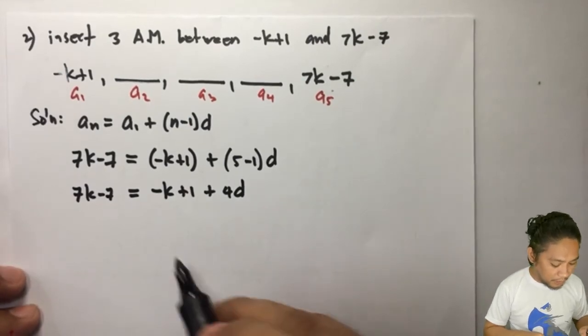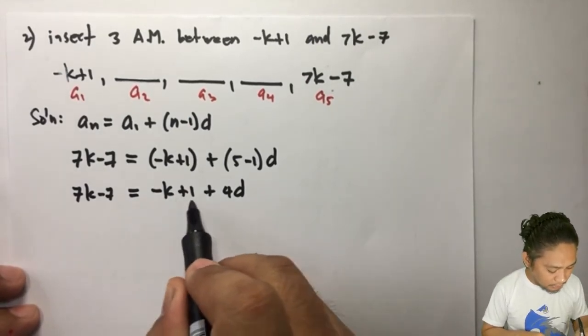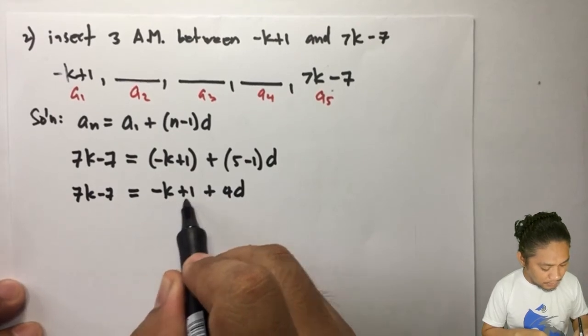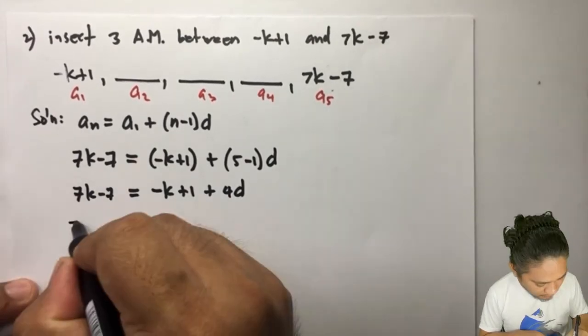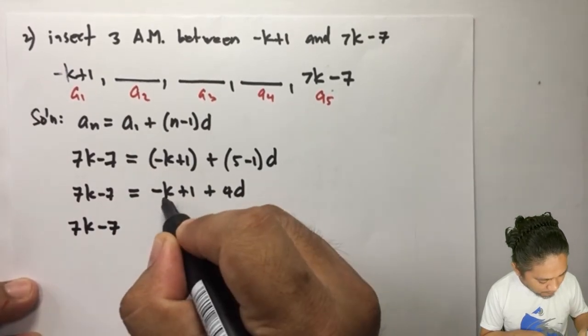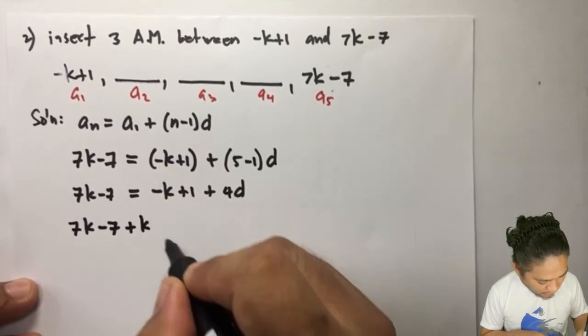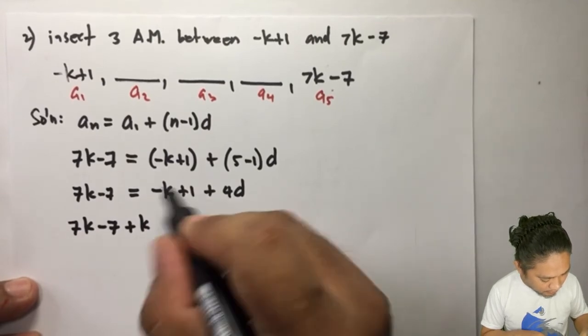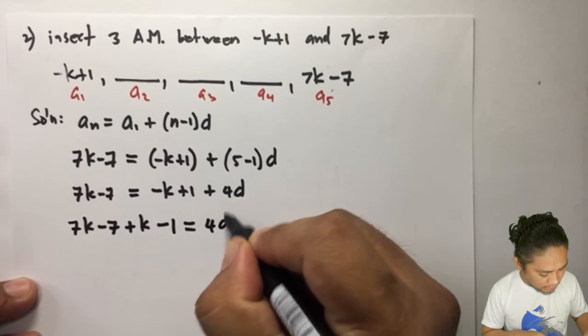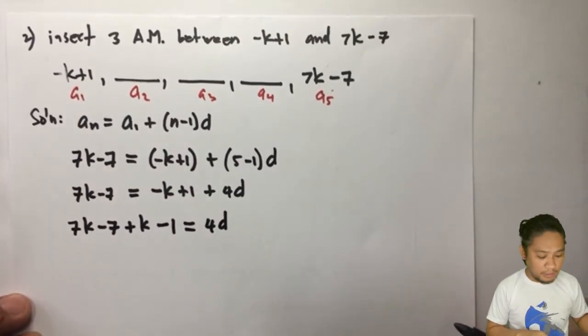And what I'm going to do is cancel out the terms here except the d. So I'm going to transpose these terms to the other side. 7k minus 7, and the negative k becomes plus k on the left side, and the positive 1 becomes negative 1 on the left side, retaining only the 4d on the right side.